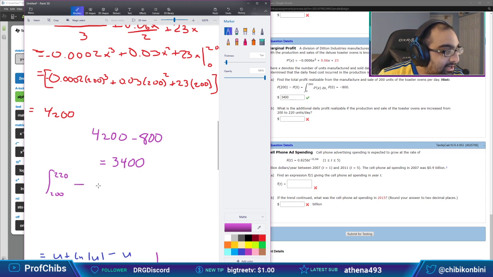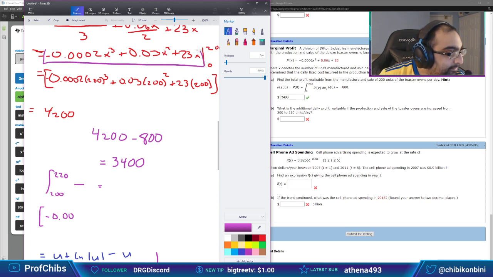Doing the same thing here. And again, you're just going to do this twice. So again, you're going to enter in the same guy here. You're just going to go from 200 to 220 here.